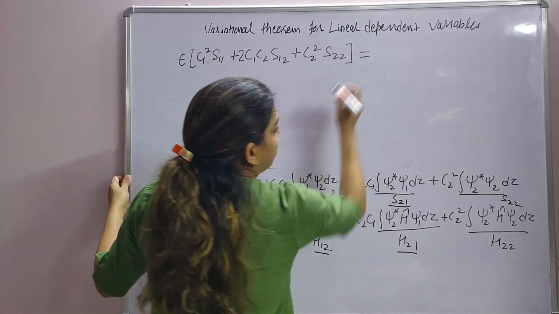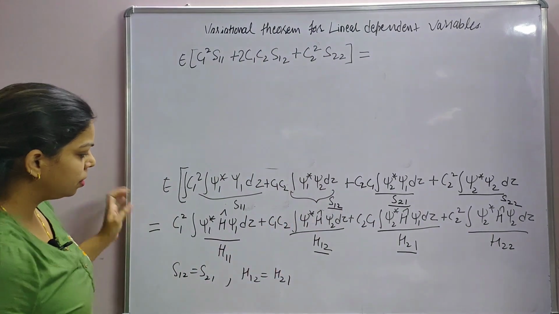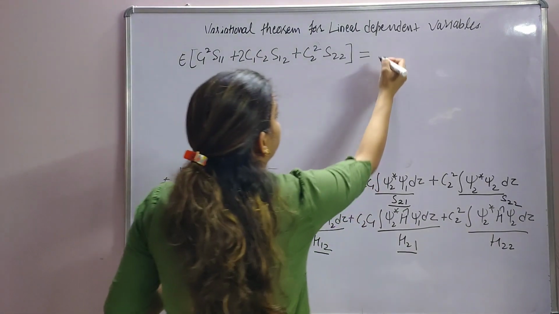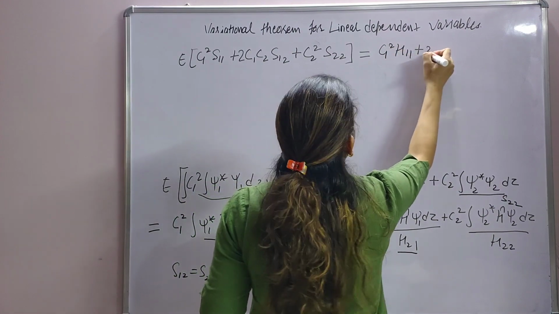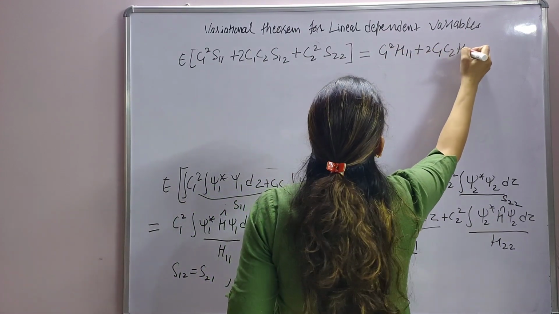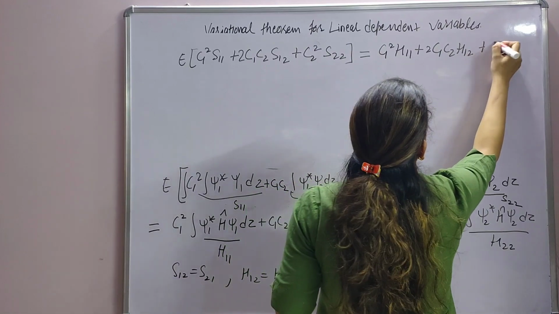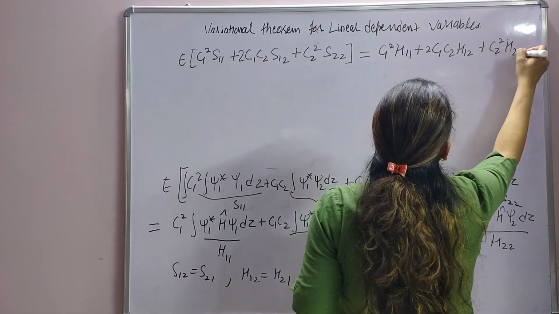On the other side, I will have C1 square H11 plus 2 C1 C2 H12 plus C2 square H22.